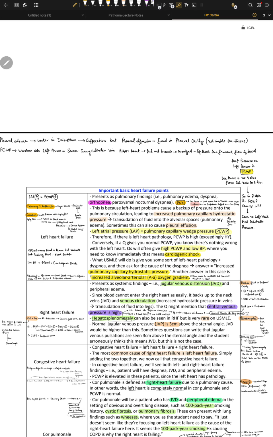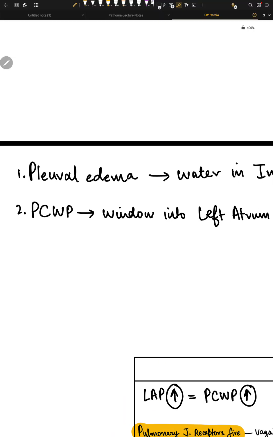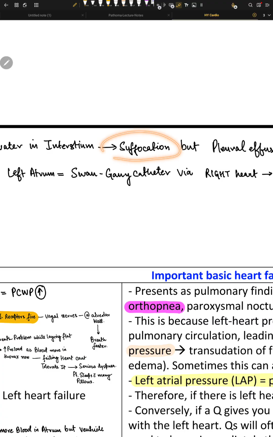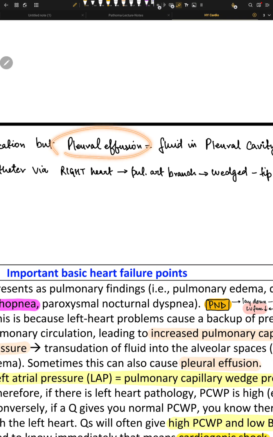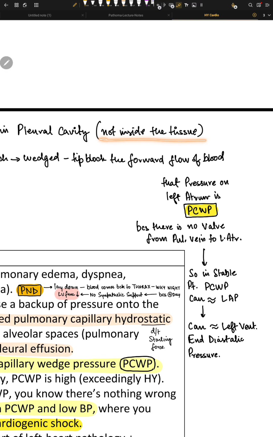Now let's read about it. What is pleural effusion? Let's try to understand the difference between pleural effusion and pulmonary edema. Edema is water in the interstitium, and it causes suffocation. Pleural effusion is fluid in the pleural cavity, not inside the tissue.